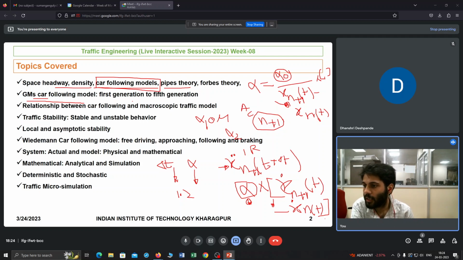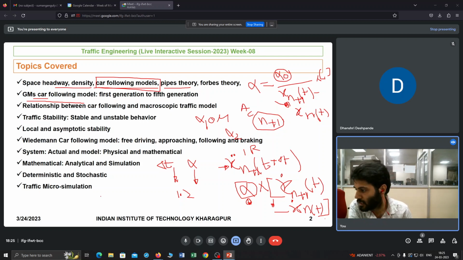So what they did in the case of the fourth generation model, they also hypothesized that your acceleration or reaction obviously depends on your relative speed as well as the space headway. But imagine two scenarios where the relative speeds are the same, but the speed of the vehicle is more.